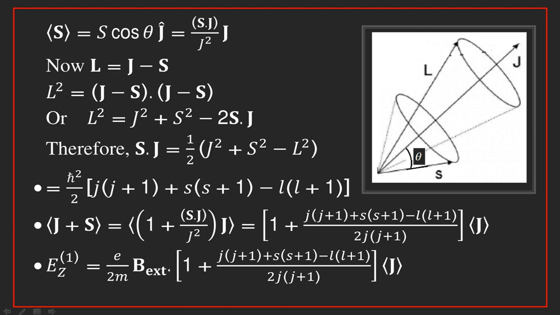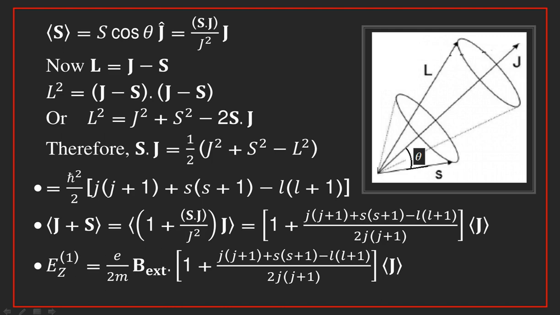The remaining will be J into J plus 1 plus S into S plus 1 minus L into L plus 1, by 2 J into J plus 1, and the expectation value of J is outside.